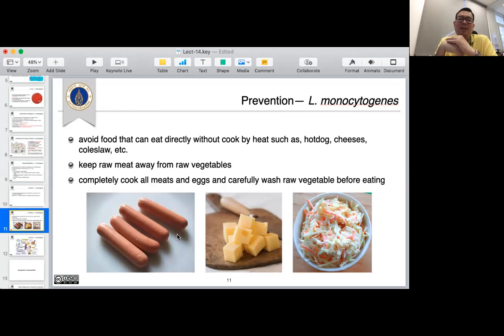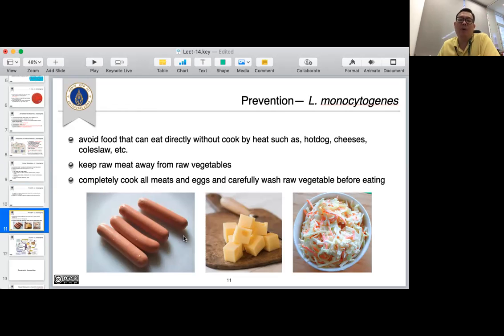But if you buy from an unknown brand, the hot dog probably has some water inside. In the water, it might contain more L. mono than inside the hot dog. So be careful. And high protein, high lipid foods, like cheese.